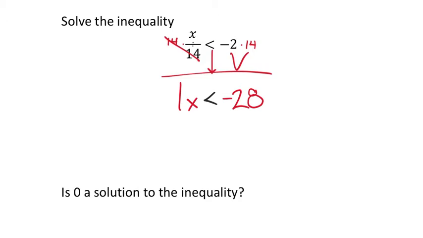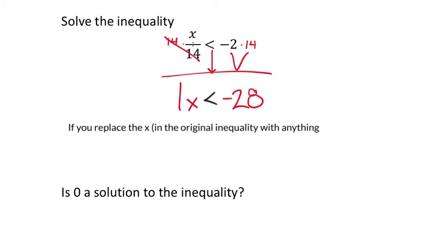So again, what does this mean in context? This means that if you replace the x in the original inequality with anything less than -28, you get a true statement.